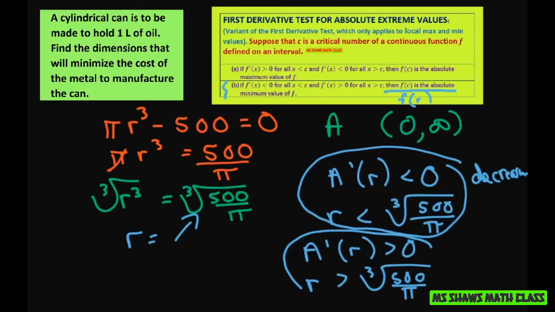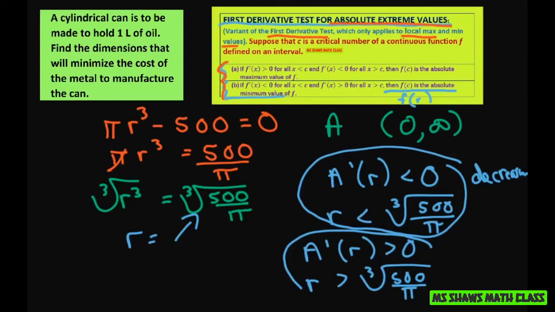And we're using the first derivative test for absolute extreme values. This is kind of something new. What we've been using is the first derivative test, but that only applies to local max and min. So we're using this information for our absolute extreme values.